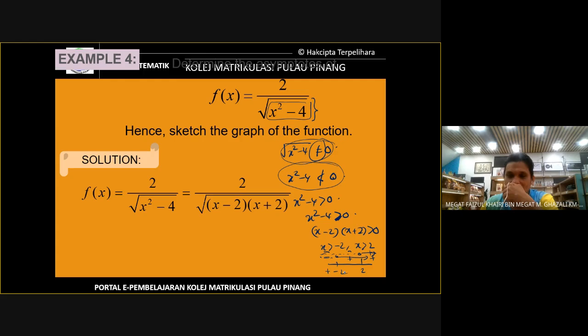We get positive, negative, positive. Okay, so as we know, x squared minus 4 greater than 0. So greater than 0, we take the positive value here, which is the domain of this function. The domain of this function is negative infinity until -2, union 2 to positive infinity.